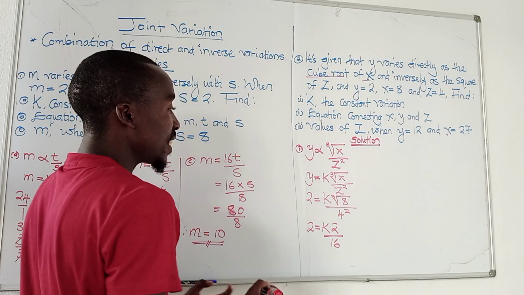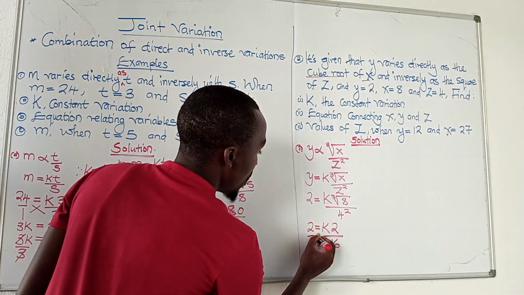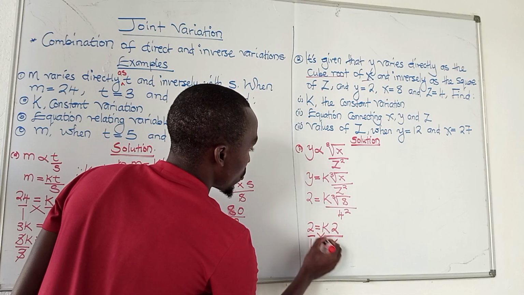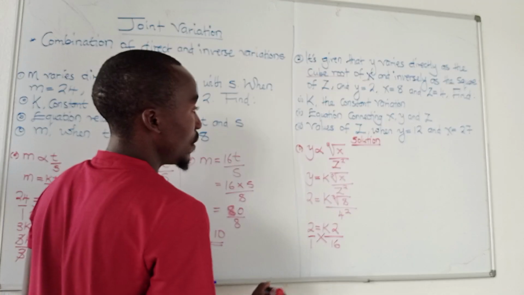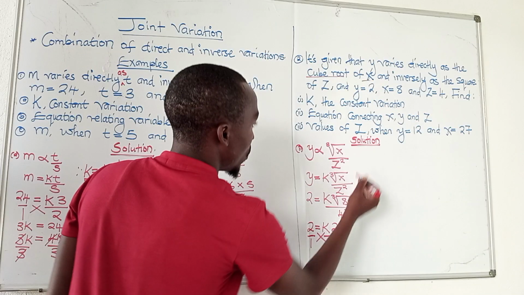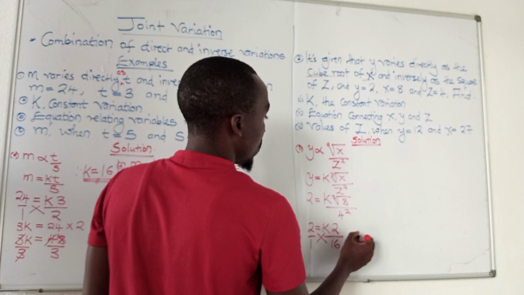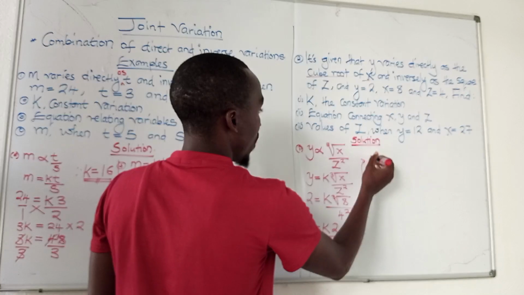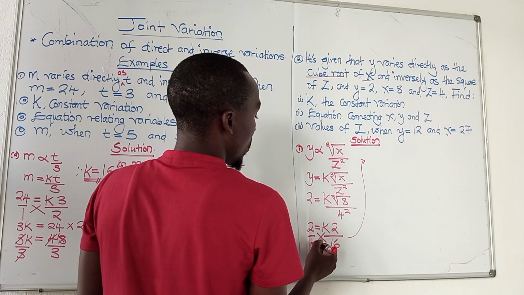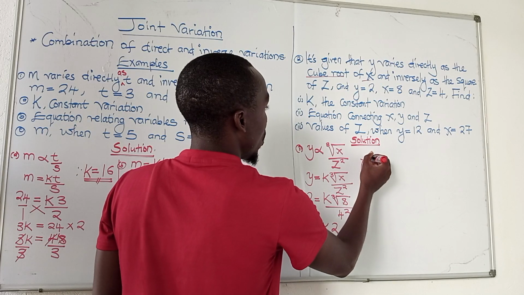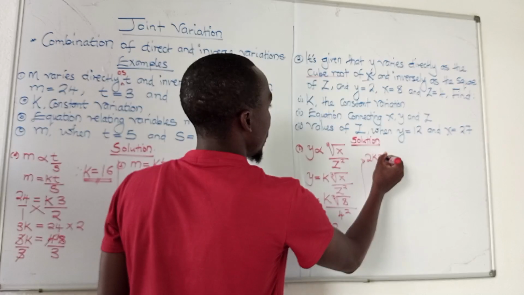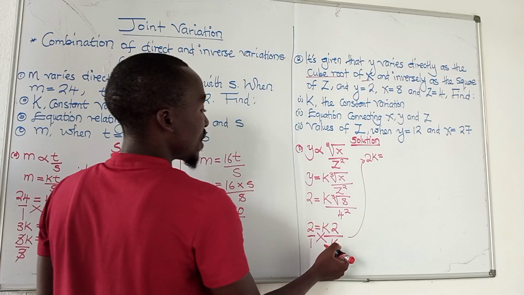Okay? When you reach this point, what you do, you make this a fraction and then you cross multiply. Therefore, if you multiply 1 times 2k, this will be 2k is equal to 2 times 16.